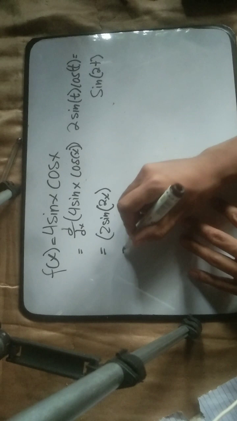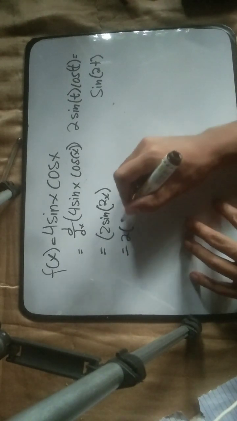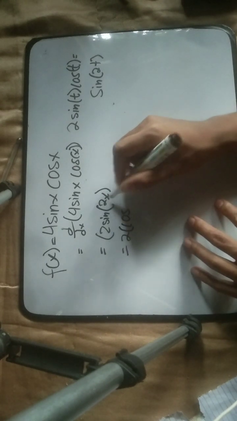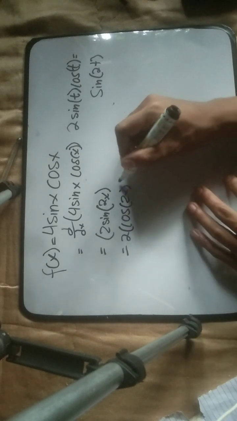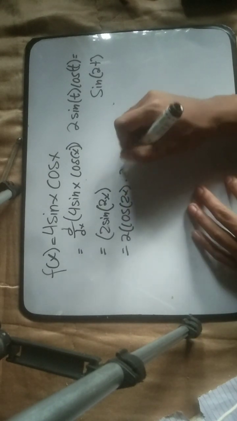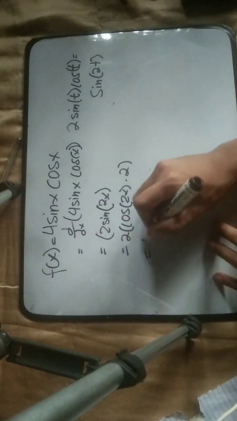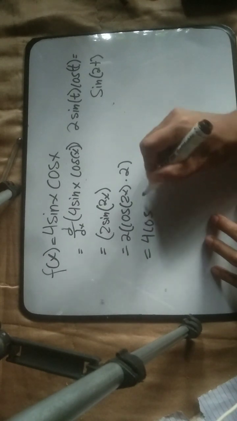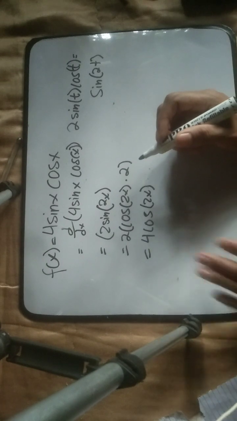Now the derivative of this is 2 times cosine of our t, which is 2x, multiplied by the derivative of 2x, which is 2. To simplify, 2 times 2 is equal to 4 cosine 2x. So that is how.